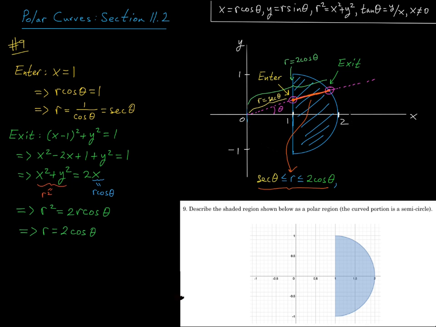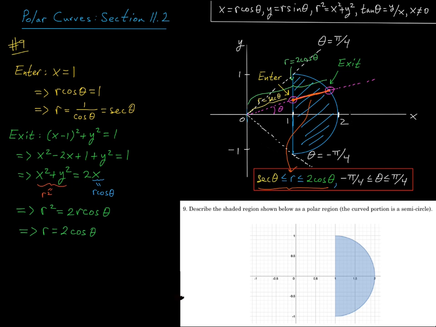For the bounds for theta, we want to let theta vary from this angle, negative pi over 4. Why is that negative pi over 4? Well, we want to consider this ray that just touches this lower corner of the blue region.